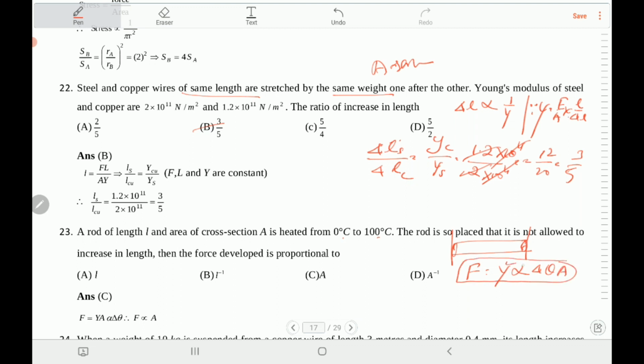Young's modulus, coefficient of linear expansion, change in temperature, area of cross section. So the relation between area and force: force is proportional to area, because the rod of length L, same length, area of cross section, is heated from 0 to 100 degrees. The rod is so placed that it's not allowed to increase in length.